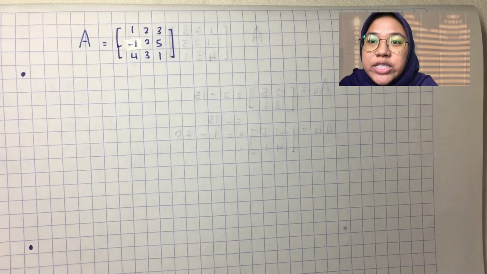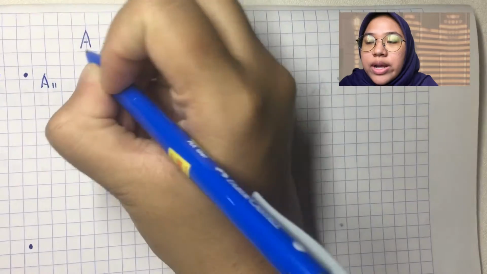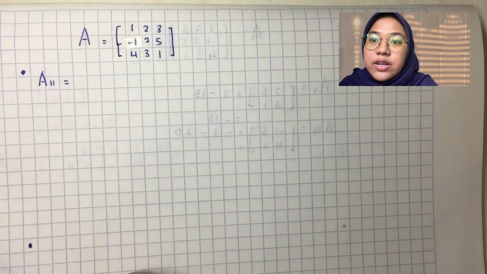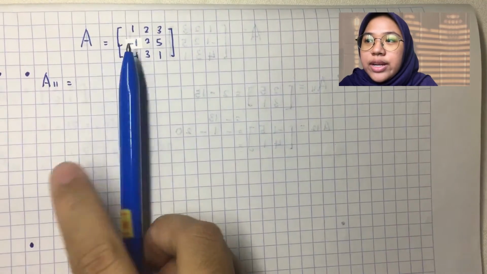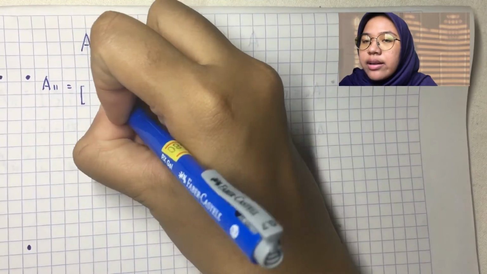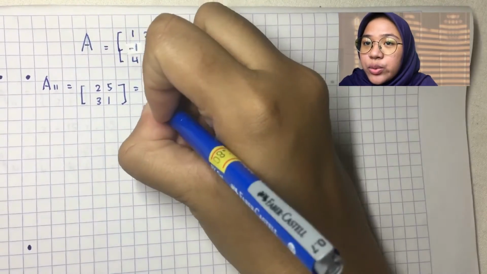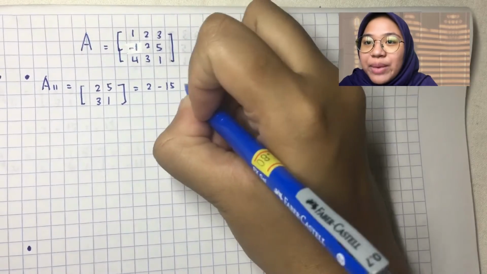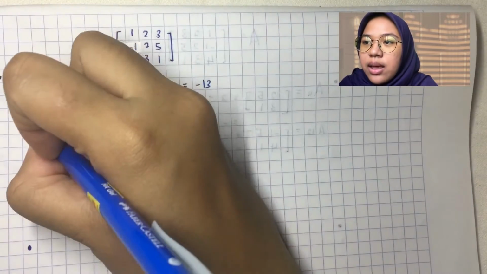So based on the question given and step 1, matrix A, row 1, column 1. First, we should cover row 1 and cover column 1. As you can see, we'll get 2, 5 and 3, 1, equal to 2 minus 15, and the answer is -13.